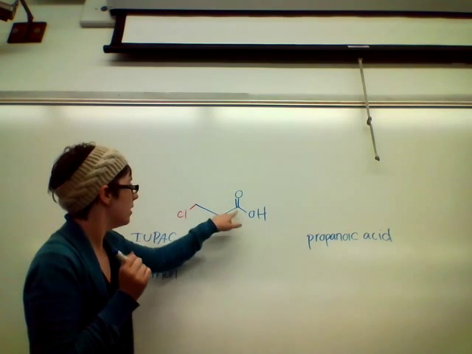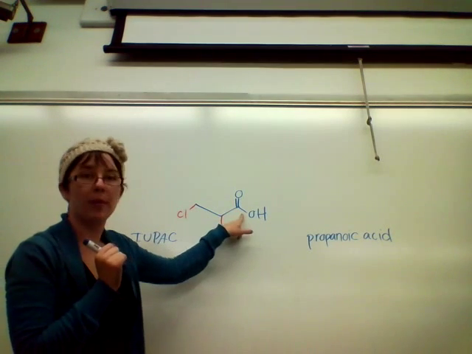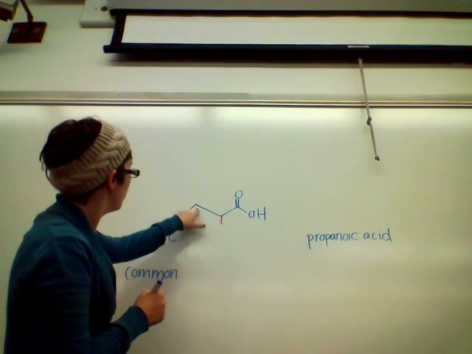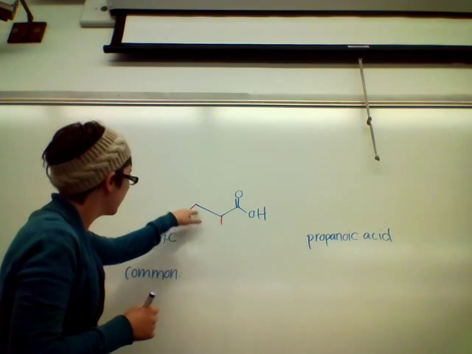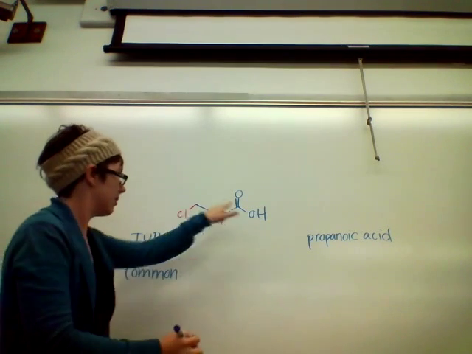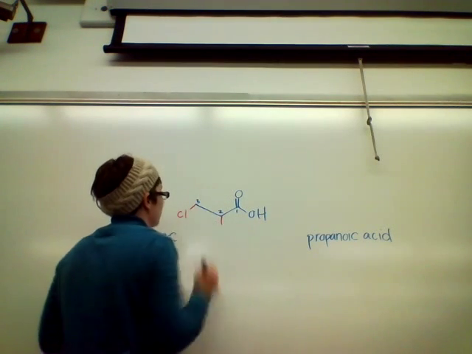And the carbonyl, the carbon from the CO2H, that's always carbon number 1, no matter what. Even though the chloro's over here, maybe it's alphabetically prioritized, no, this is always carbon number 1, 2, and 3.